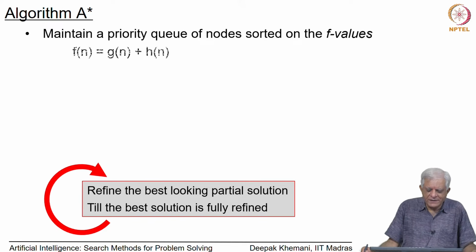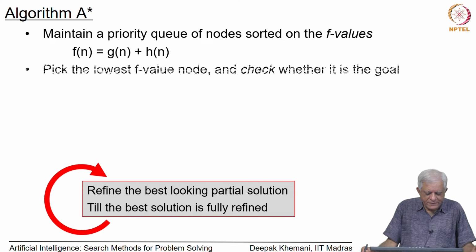So, we would maintain a priority queue of nodes sorted on their f values, where f, as you remember, is g of n plus h of n, and from this priority queue we pick the lowest f value node and check whether it is the goal. This is the second step in our high level algorithm, which says till the best solution is fully refined. So, we are picking the best solution, which in our case is the lowest f value, and checking whether it is a goal.